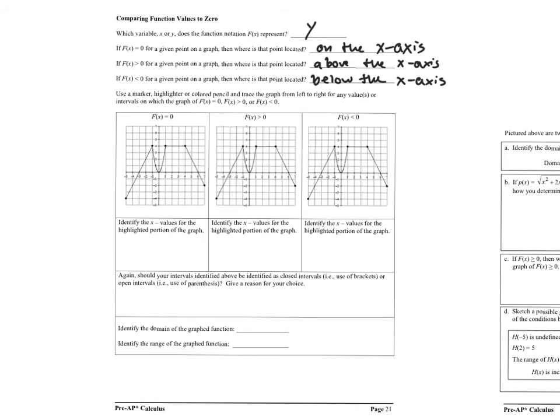Now, I'm just going to use red here, and we're going to identify when f of x is equal to 0, when f of x is greater than 0, and then when f of x is less than 0, okay? We're going to do the highlighting marking first, and then we will write the intervals, okay? So when f of x is equal to 0, there should be 3 specific points. So here, here, and here.